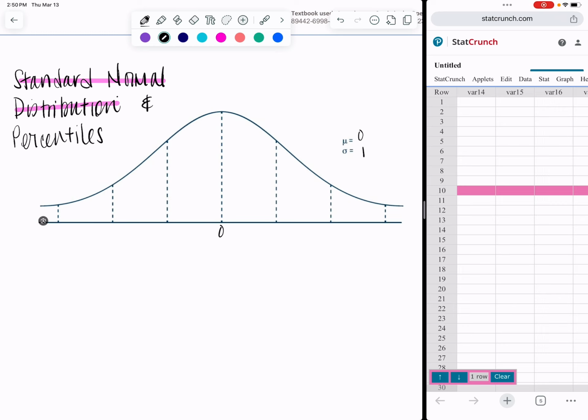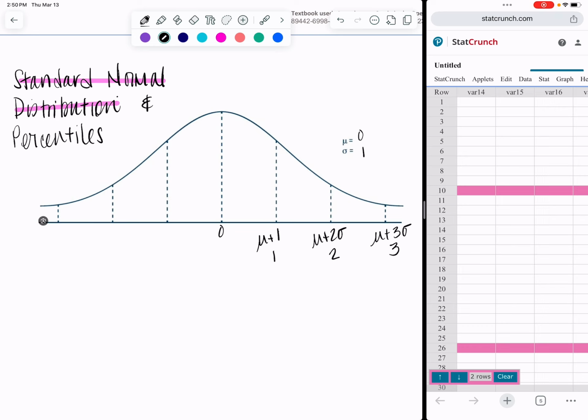That means this is 1 standard deviation. Let me go back. This would be mu plus 1 standard deviation. So that's just 1. Mu plus 2 standard deviations would be 0 plus 2. Mu plus 3 standard deviations would be 0 plus 3.